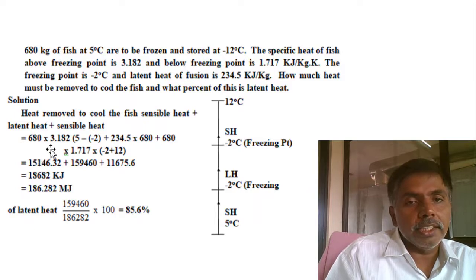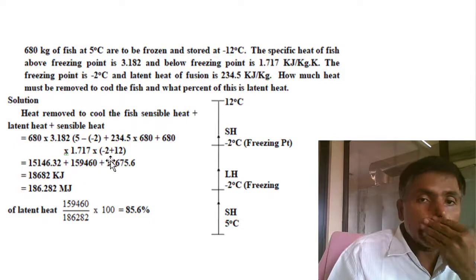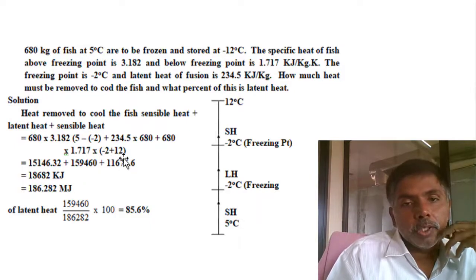Mass is 680 into 3.182 specific heat, into 5 minus minus 2, that is 7 degrees, plus 680 into 234.5, this is the latent heat of fusion, plus 680 into the specific heat 1.717 into minus 2 to minus 12, that is 10 degrees.